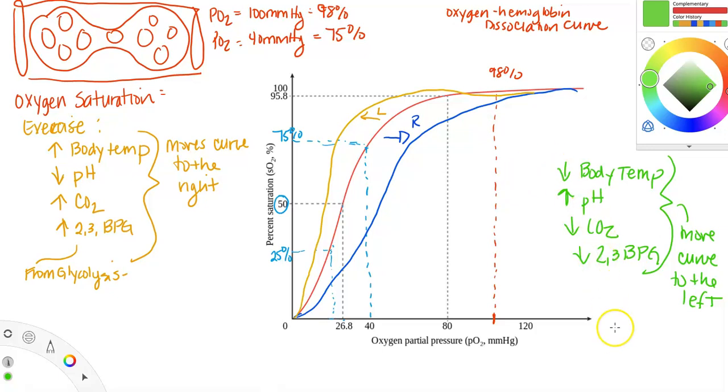So to the left, the oxygen is more sticky to hemoglobin, and here it is less sticky.